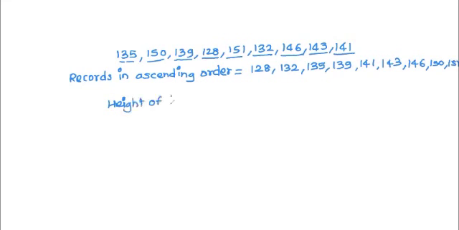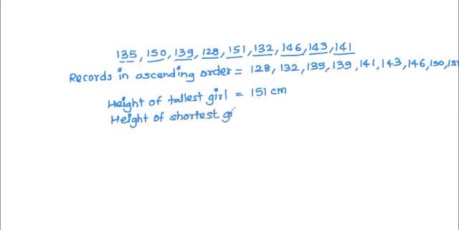And height of tallest girl is 151 centimeter. And height of shortest girl is equal to 128 centimeters.